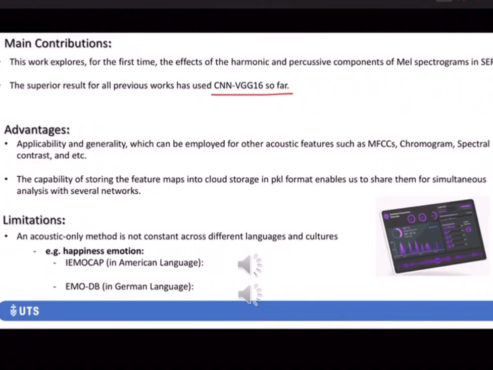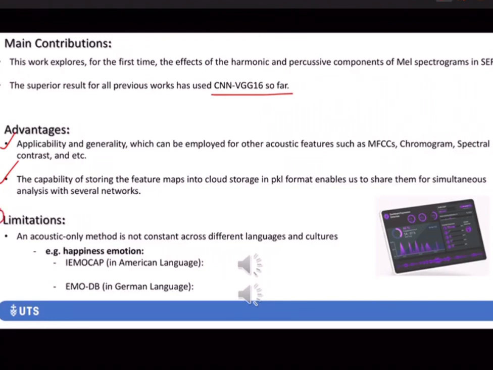Two main advantages of this method are applicability and generality. We can use other acoustic features such as MFCCs, chromagram, spectral contrast, and so on. And the second advantage is the capability of storing the feature maps in cloud storage in PKL format, enabling us to share them for simultaneous analysis with several networks.